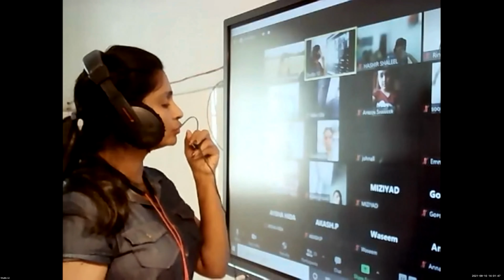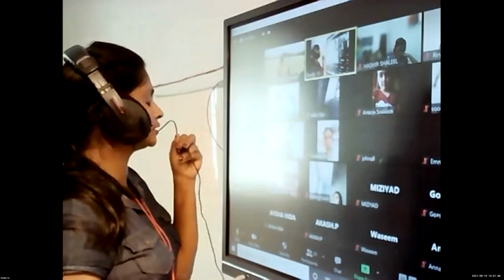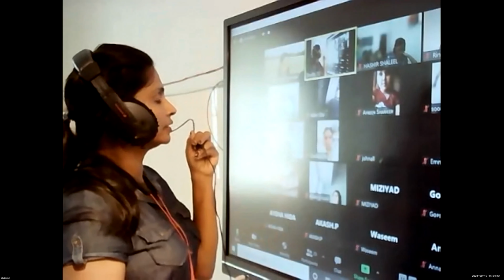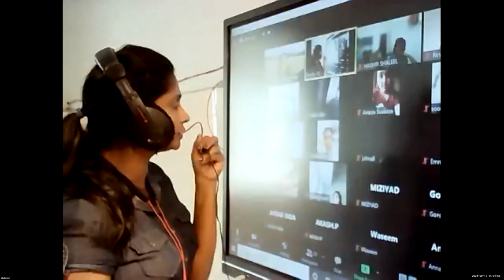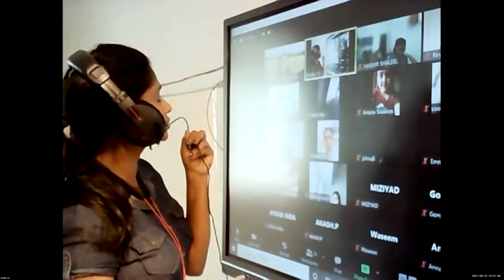And children, from all these constituencies, each political party contests for the election. We have various political parties in our country, isn't it? BJP, Congress, Communist. Many political parties are there.